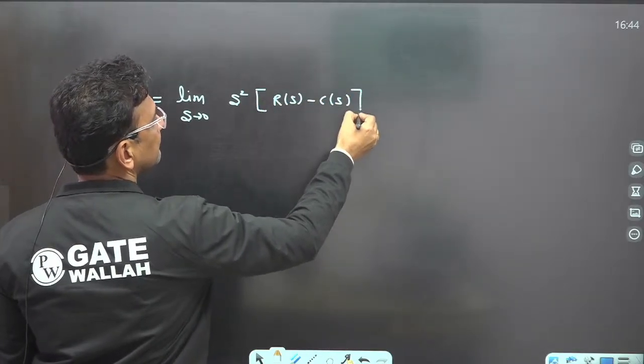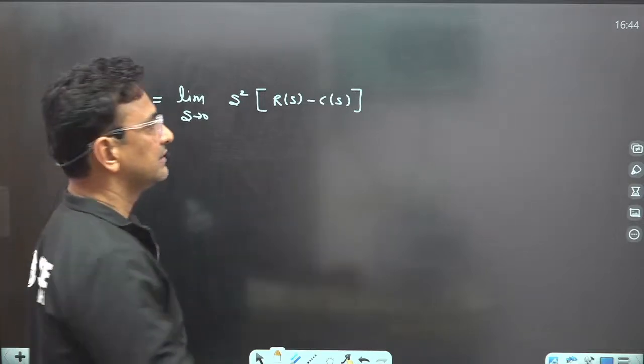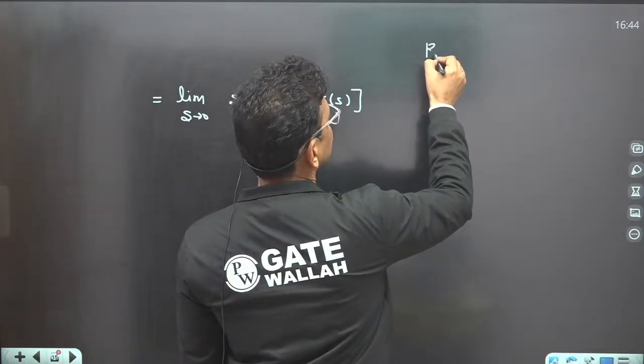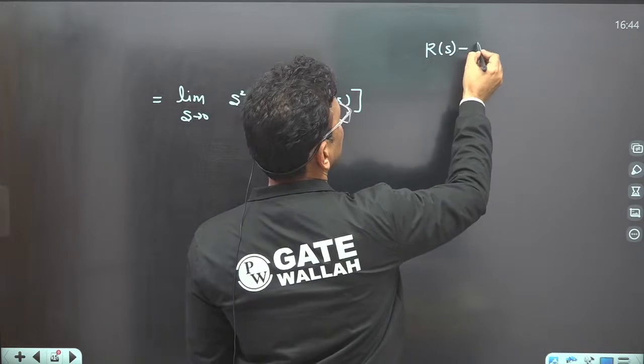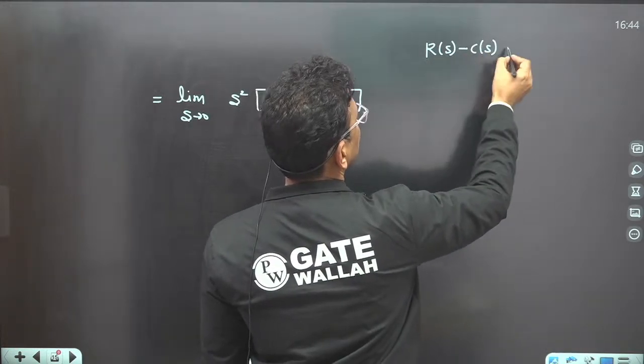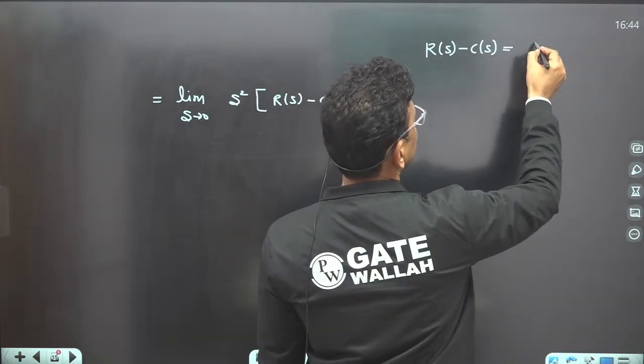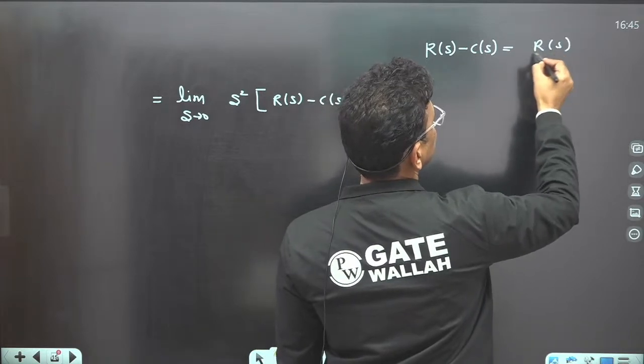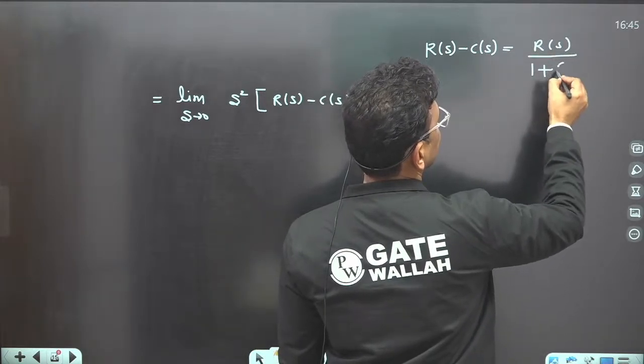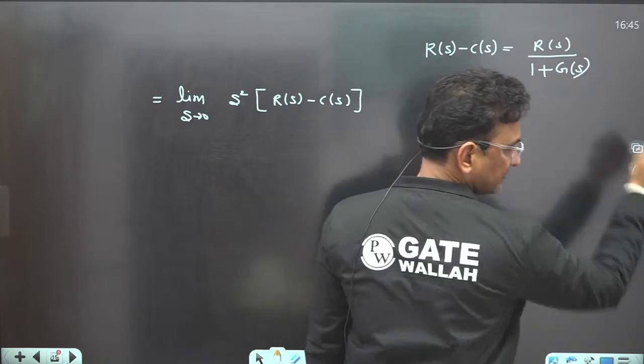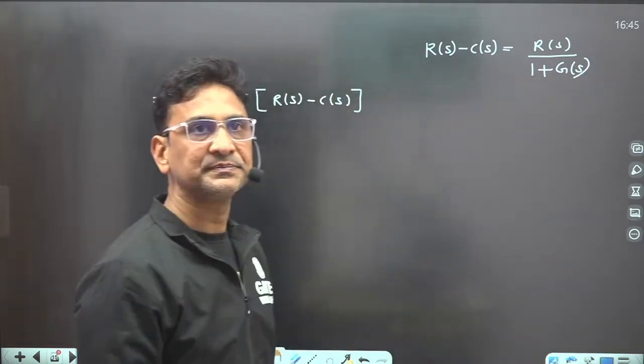And we know whenever we find out the steady state error, we are aware that the difference of reference input and the output is nothing but the Rs upon 1 plus Gs. Clear?